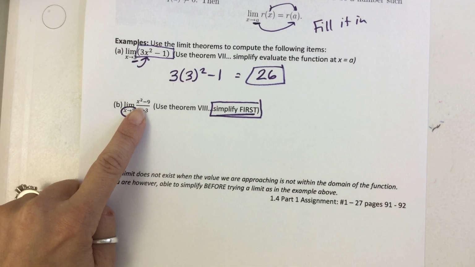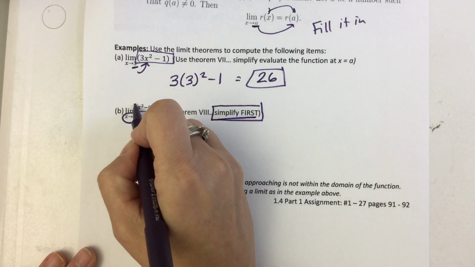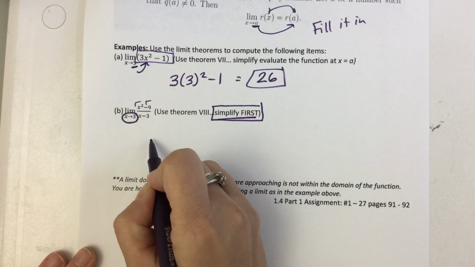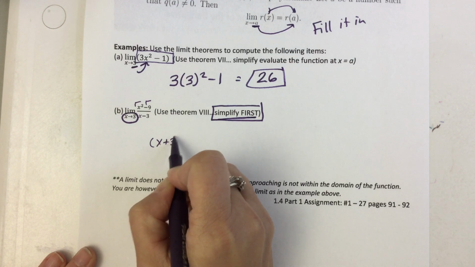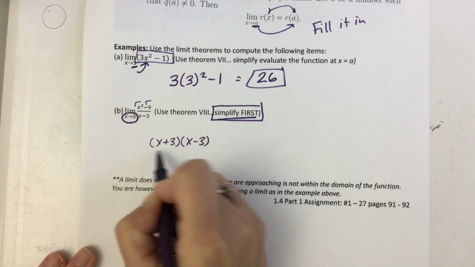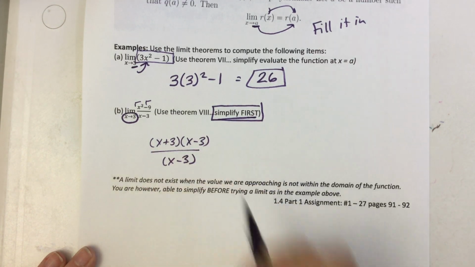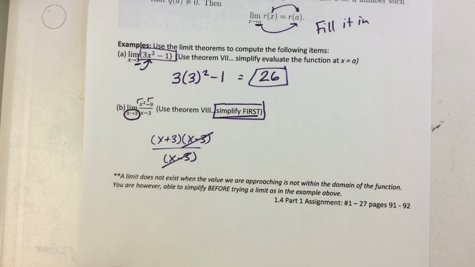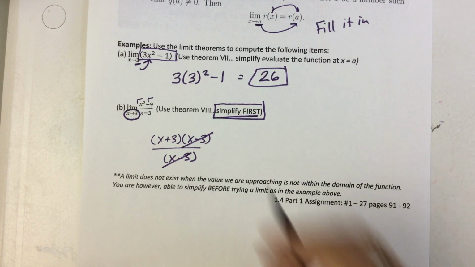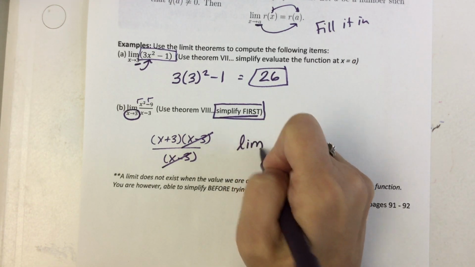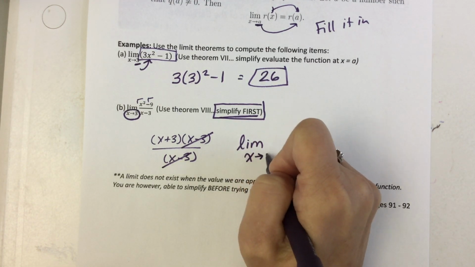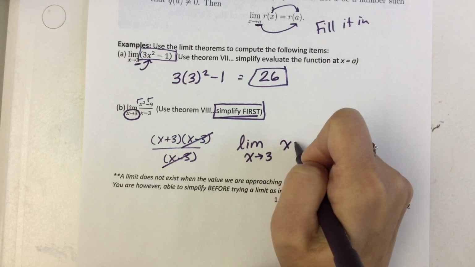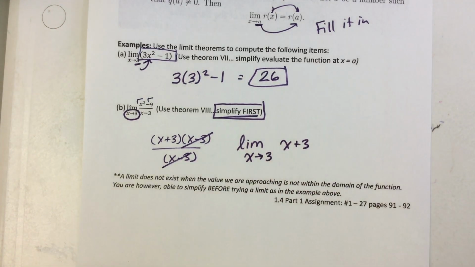So if I look here, x squared minus 9, I can factor that. I can make this x plus 3 times x minus 3. The bottom is x minus 3. So I can go ahead and cross off the group x minus 3 on the top and the bottom. What that leaves me with is the limit as x approaches 3 of x plus 3.